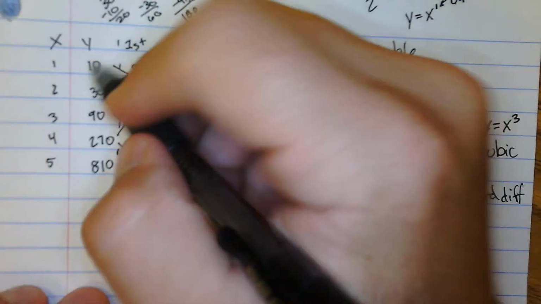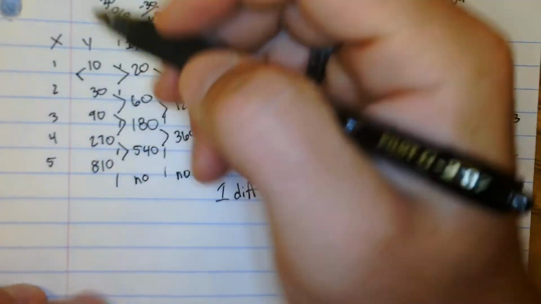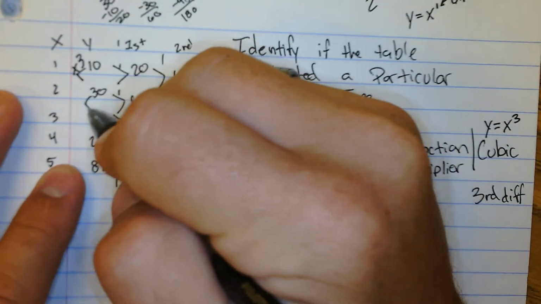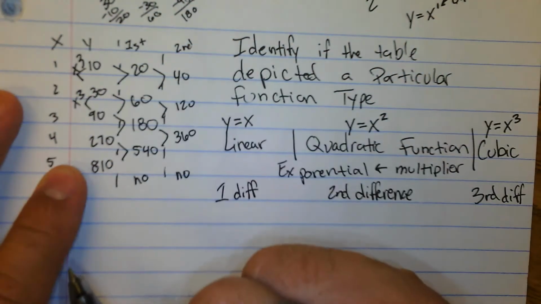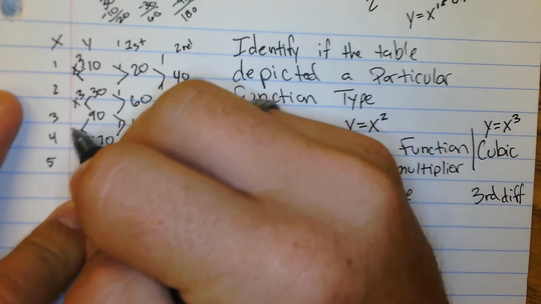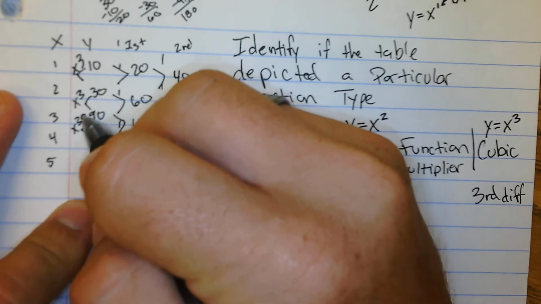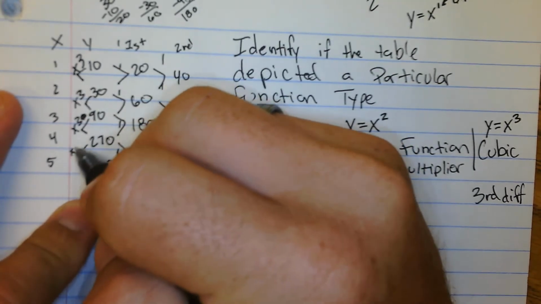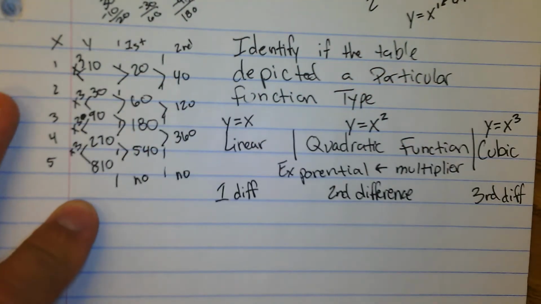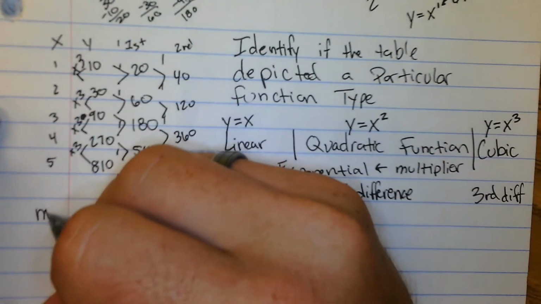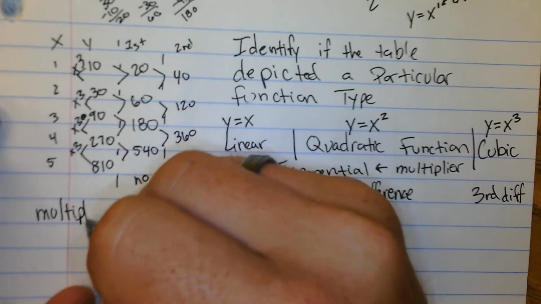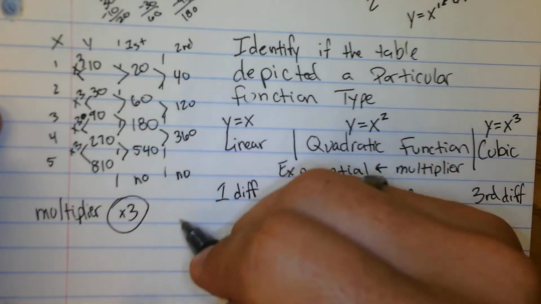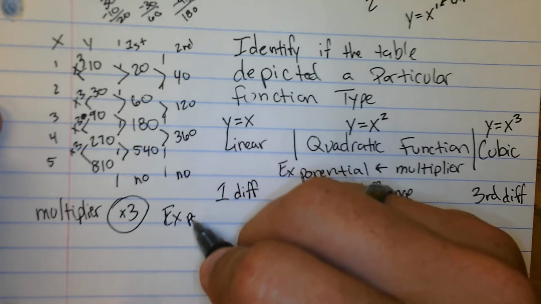But if we look closely, 10 to 30, that's just times 3. 30 to 90, that's just times 3. 90 to 270, times 3. And 270 to 810 is just times 3. So because I have a multiplier of times 3, this function is exponential.